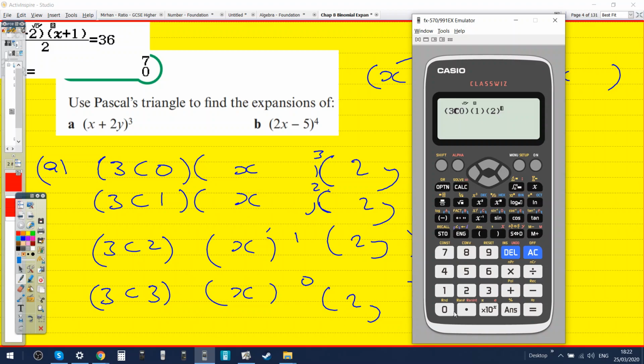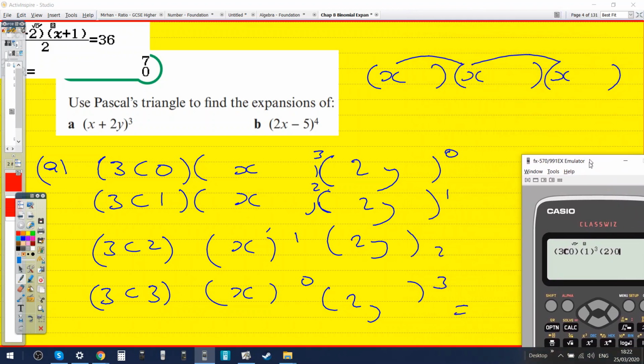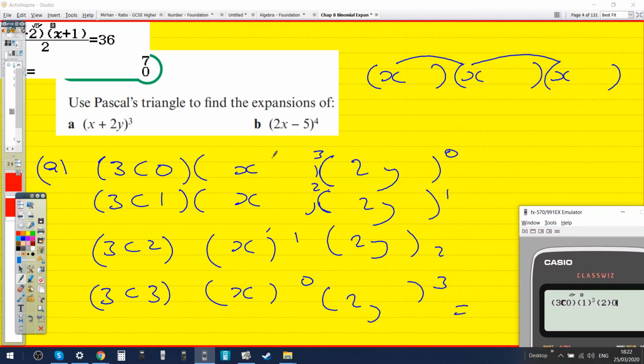That one is to the power of 0, and x is to the power of 3. What do you get for that one? I got 1.